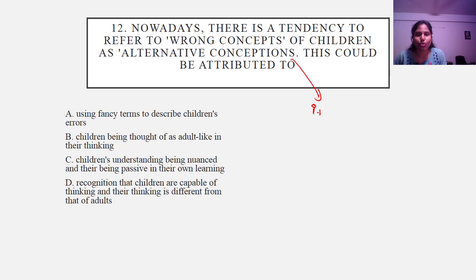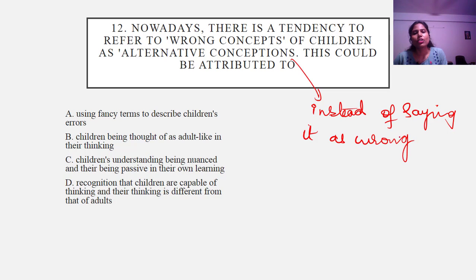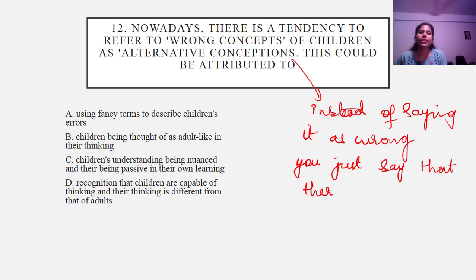Instead of saying it is wrong, you just say that this is somewhat deviated from the original. You are thinking differently. They are thinking differently or alternatively.